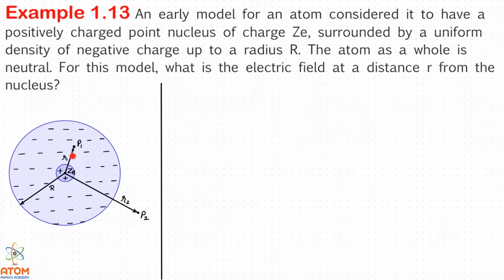One can be inside this atom. Here you can see this is a point P1 which is inside this atom at a distance, let us say, R1, and another point is P2 which is at a distance R2. So we will find out electric field at P1 and P2 both. So let us solve this all.